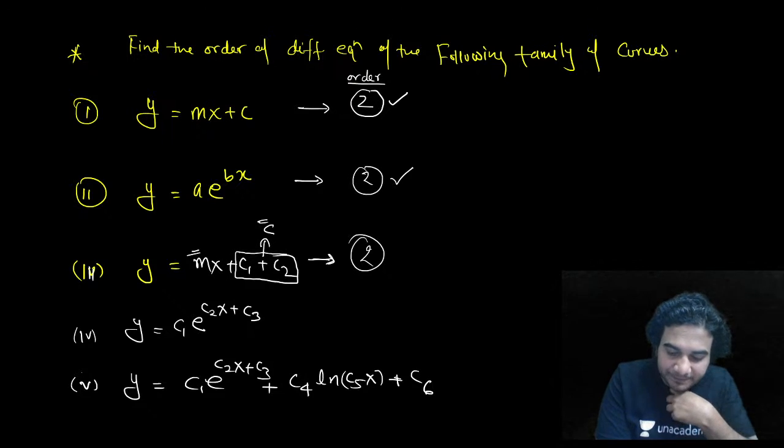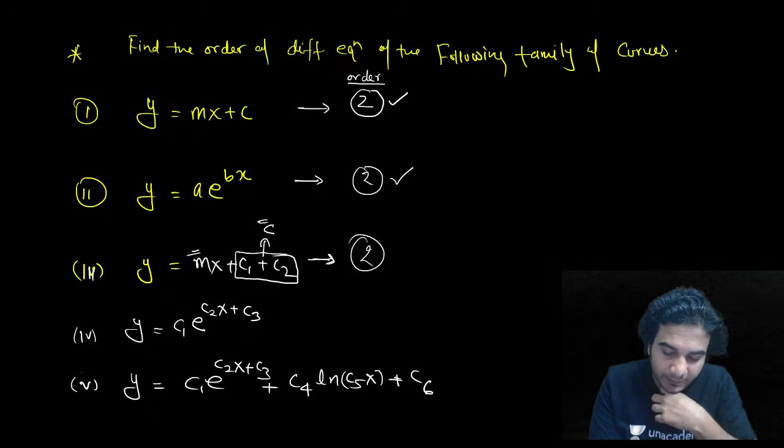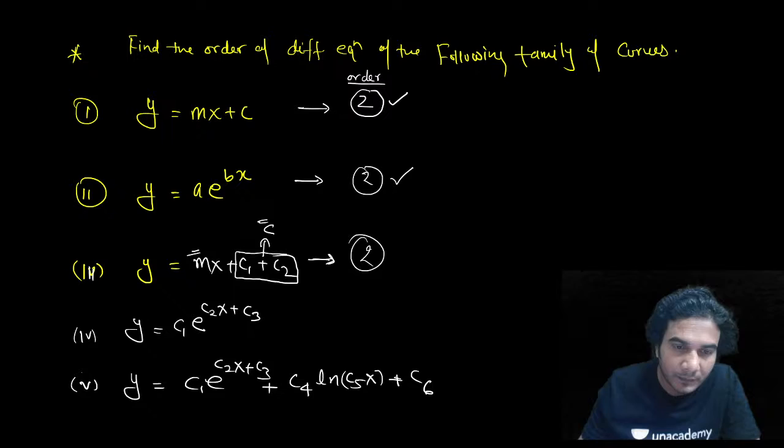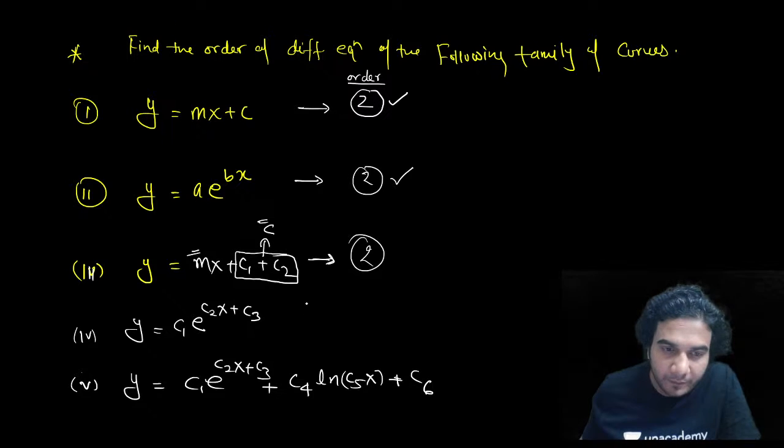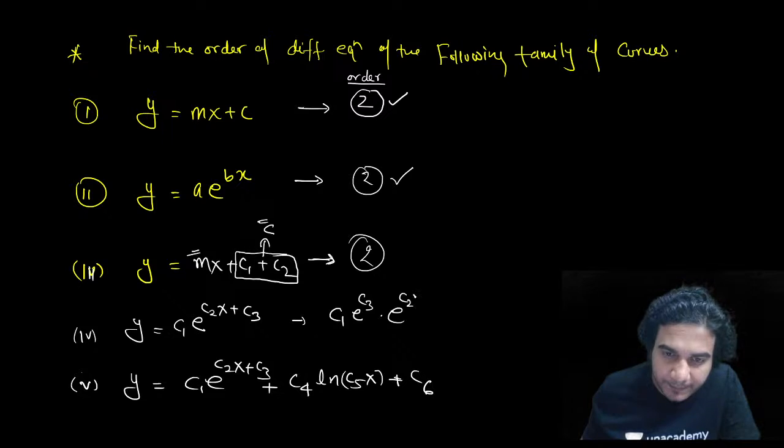Fourth answer is 3. Are you okay? The answer is 3, still 3. But let me give you this idea. This can be written as C1 e raised to C3 into e raised to C2x.